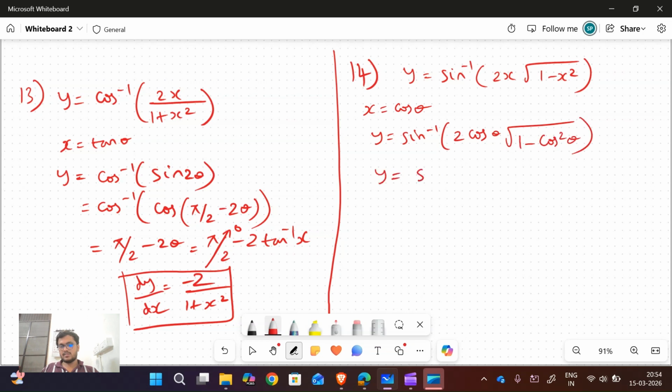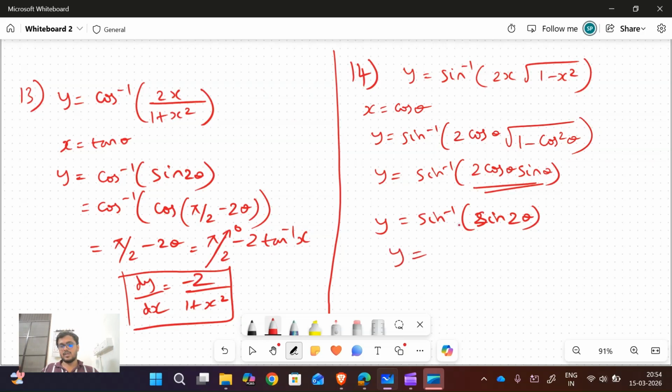So y is nothing but sine inverse of 2 cos theta, and 1 minus cos square theta is sine square theta. Root of sine square theta is sine theta. So do you know what this is? This is nothing but sine 2 theta. Sine 2 theta is nothing but 2 cos theta sine theta.